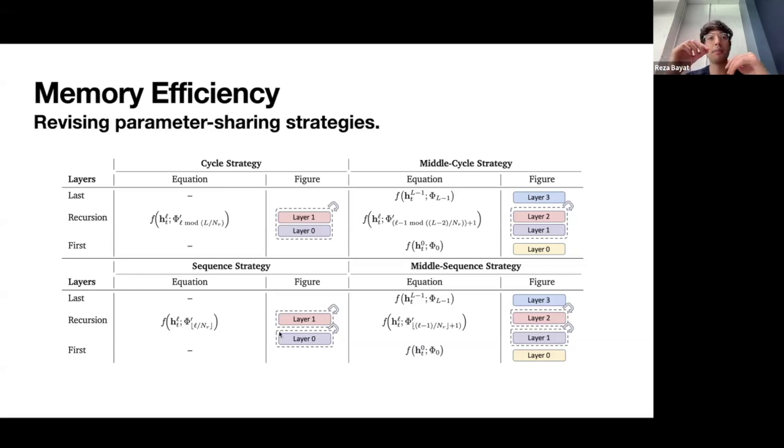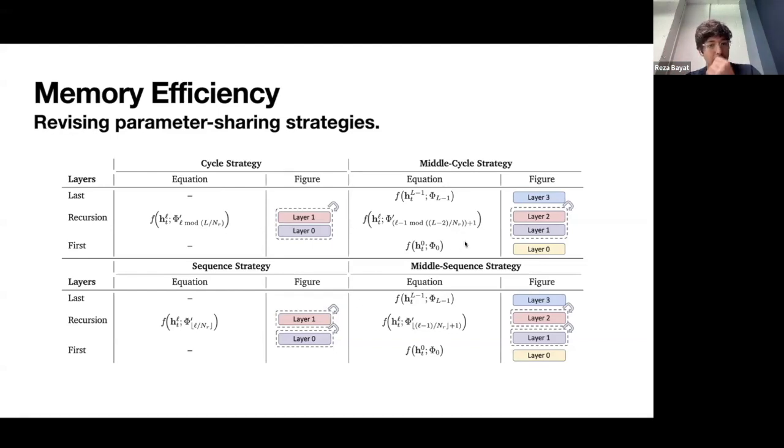You can assume you have micro loops over individual layers. Instead of having a stack of layers, you have smaller layers and then have a loop over them. We also define two variants of these strategies, which we call middle strategies, where we fix input and output layers and sandwich these recursive ideas in between.